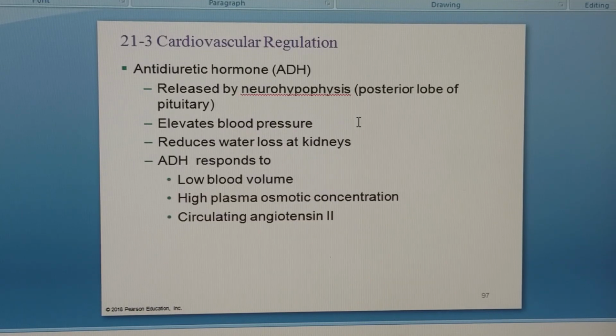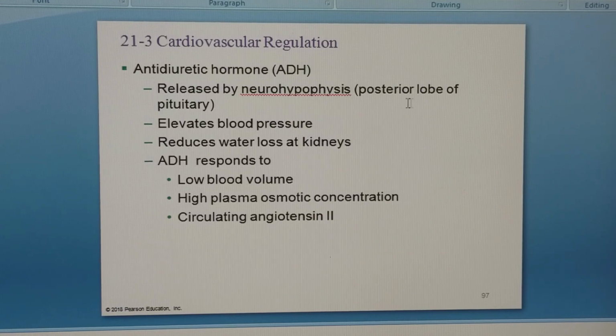Antidiuretic hormone, released by the neurohypophysis or the posterior lobe of the pituitary, elevates blood pressure and reduces water loss at the kidneys. ADH responds to low blood volume, high plasma osmotic concentration, and circulating angiotensin II.